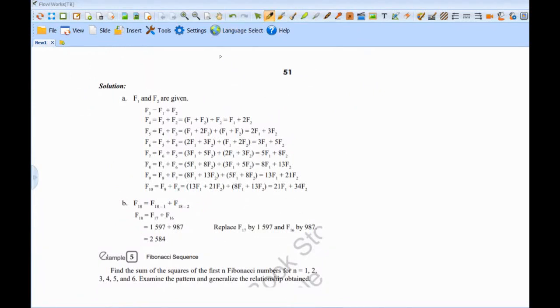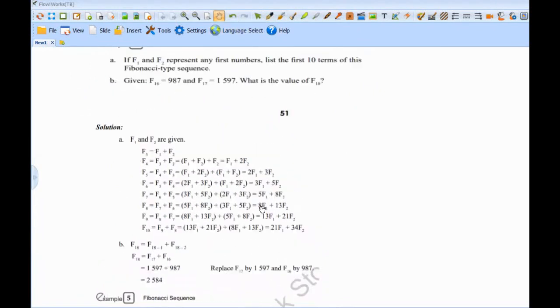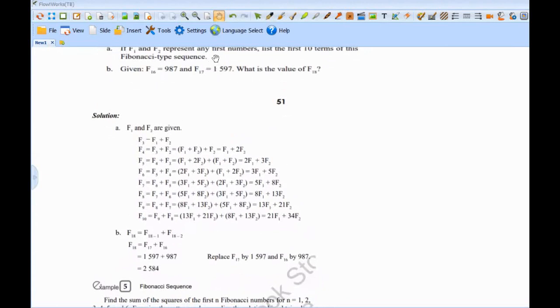And on letter B, we have, if f sub 16 is 987 and f sub 17 is 1597, what's the value of f sub 18? Let us try to do this. They are just consecutive, right? 16, 17, and 18.